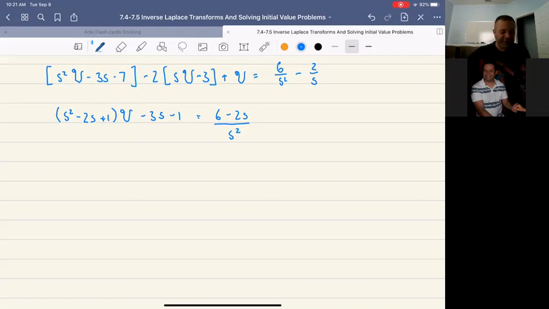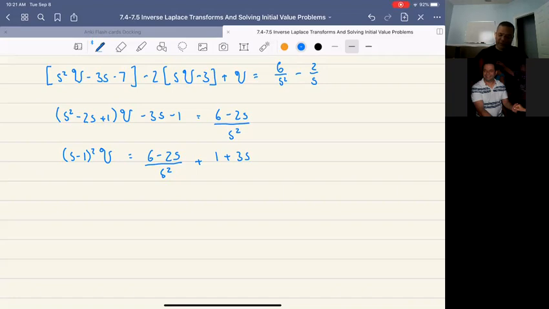All right, now I'm going to put this stuff on the other side. I'm going to go ahead and factor this. S minus 1 squared u equals 6 minus 2s over s squared plus 1 plus 3s. So far, okay?